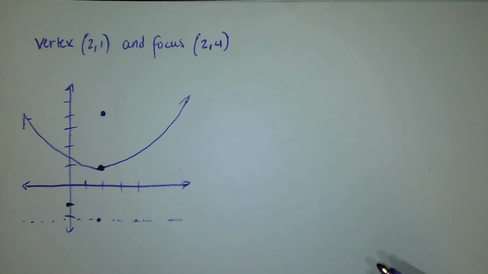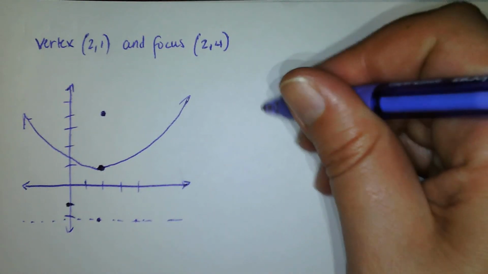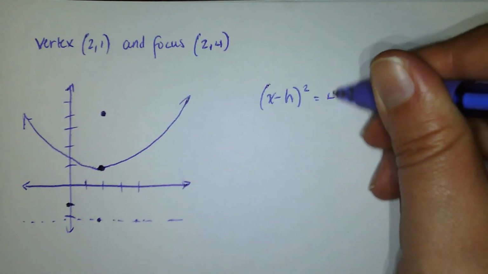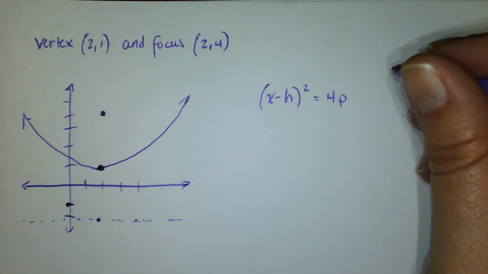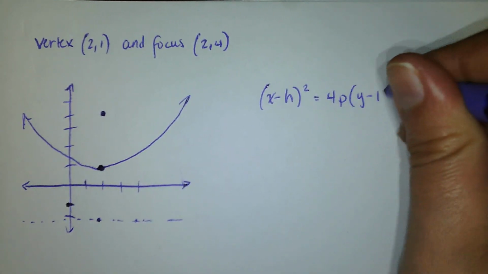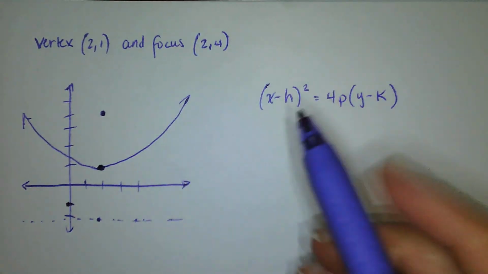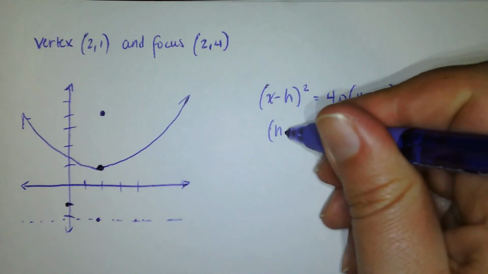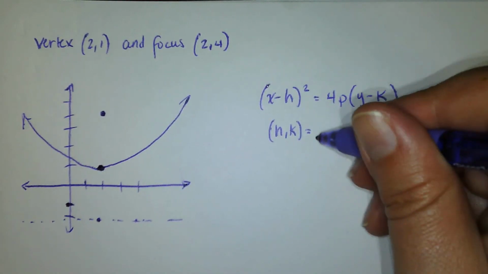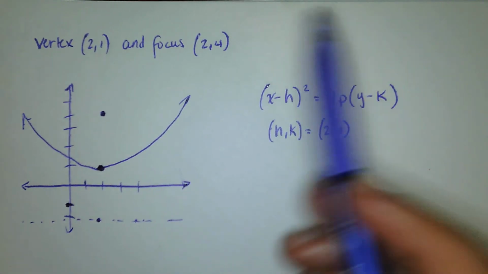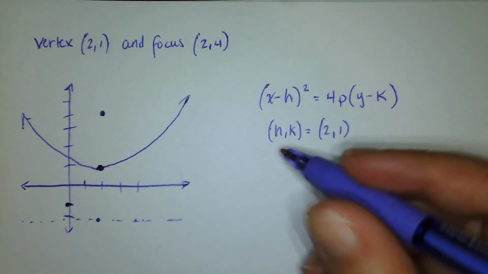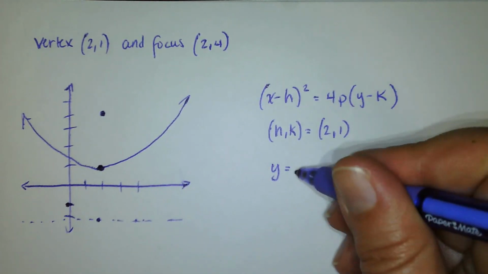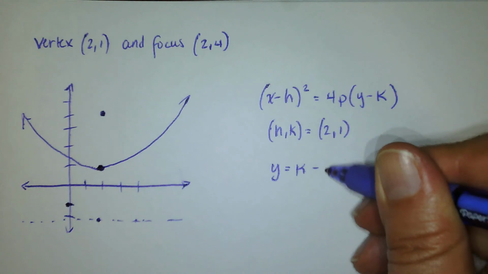So a parabola is going somewhere like that. We're going to start with (x minus h) squared equals 4p times (y minus k). Let's plug in the values we know. (h, k) is the vertex, so (h, k) equals (2, 1). We need to find this p value. The equation of the directrix is y equals k minus p.